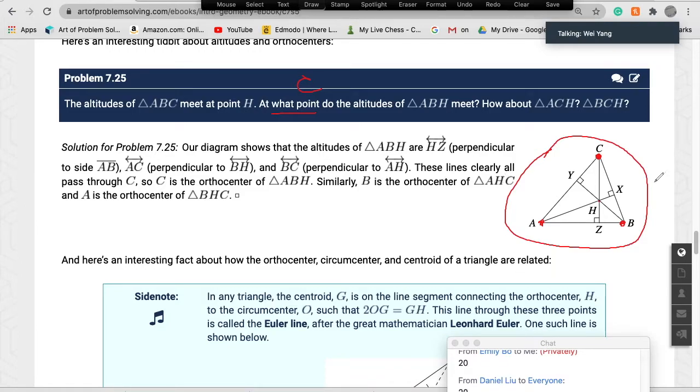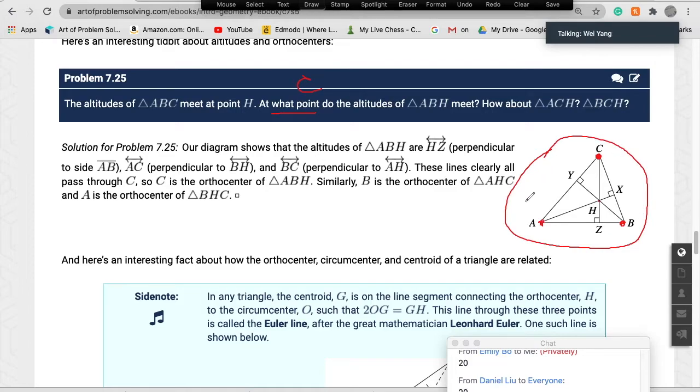So here, if you extend the altitudes of this smaller triangle AHB, you will get that these three altitudes will intersect at point C. If you extend the altitudes of triangle AHC, they will intersect at point B. If you extend all altitudes of triangle BHC, they will meet at point A. Okay?